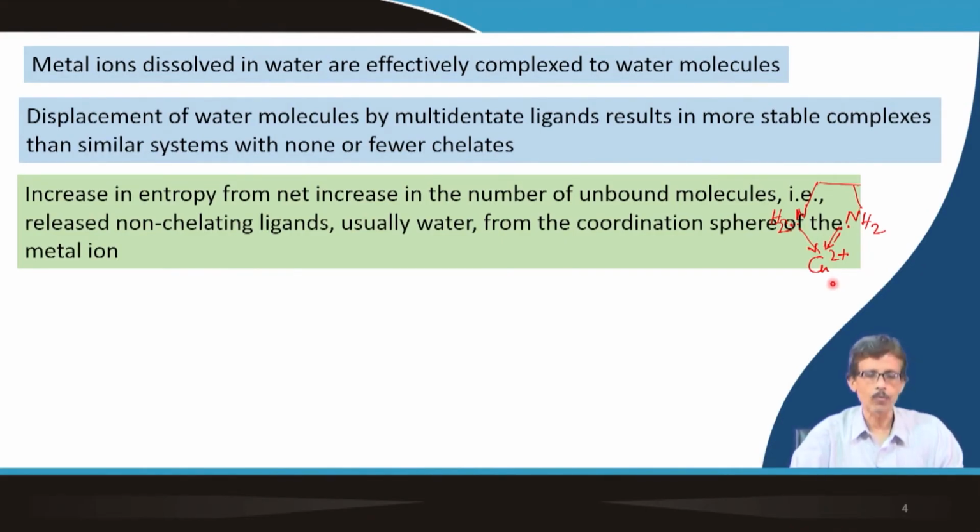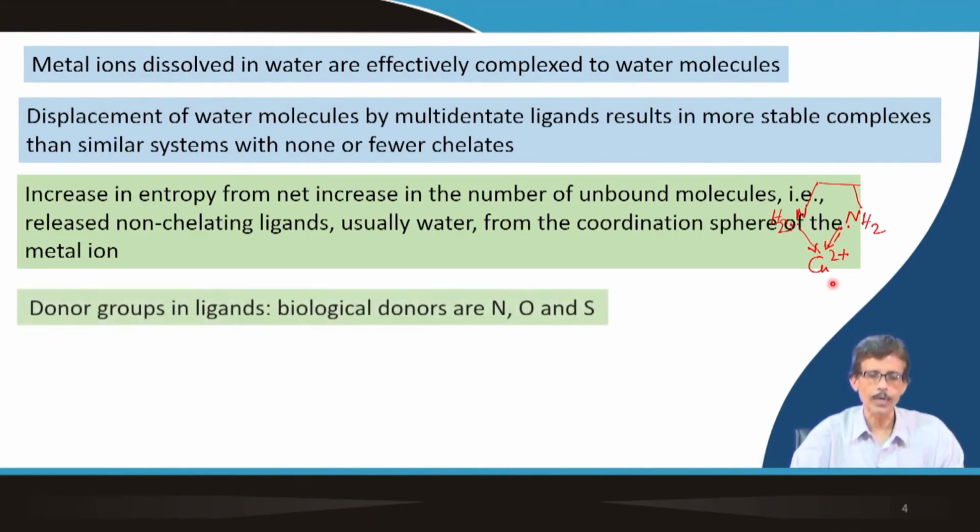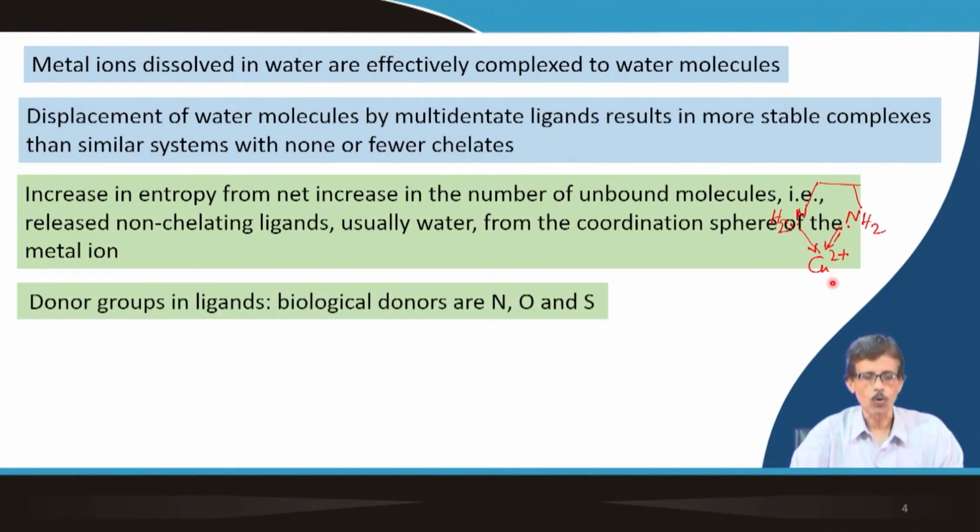So, the number of particles released in the medium is more. That is why there will be an energy gain from the entropy point of view. So, the entropy will increase and you will have stabilization, not only from the enthalpy point of view, but also from the entropy point of view.